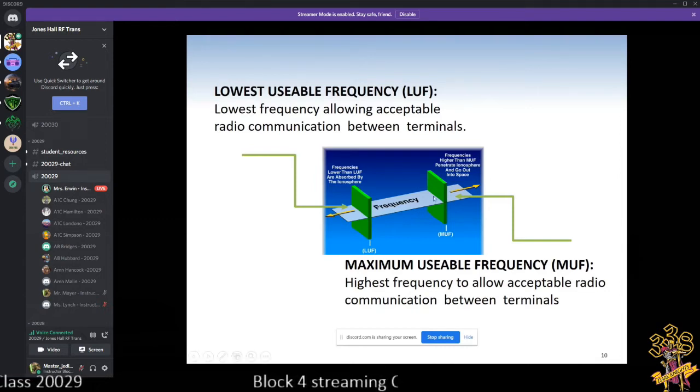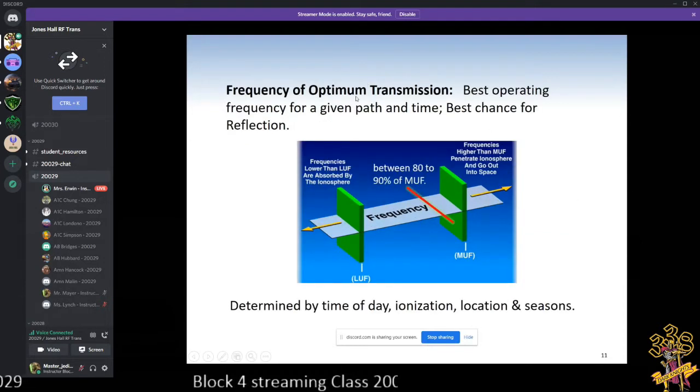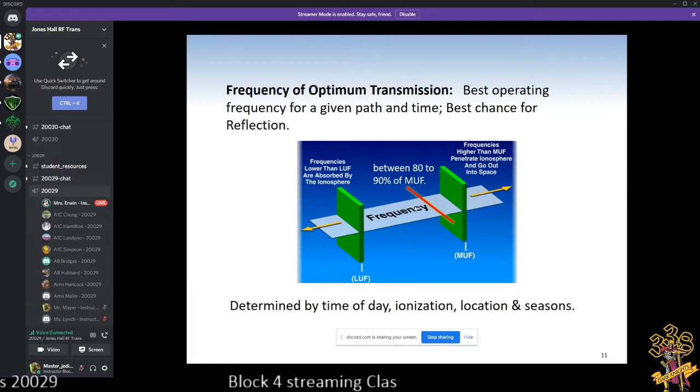Now, in between there, you're going to have your best frequency called the optimum frequency. It's usually going to be about 80 to 90% of that maximum. Well, again, this is all going to depend upon the amount of ionization and where you are, where they are. So I can't tell you this is always going to be your best frequency. It's going to change. What's your best frequency at 2 o'clock in the morning may not be your optimum frequency at 8 o'clock in the morning because conditions change.